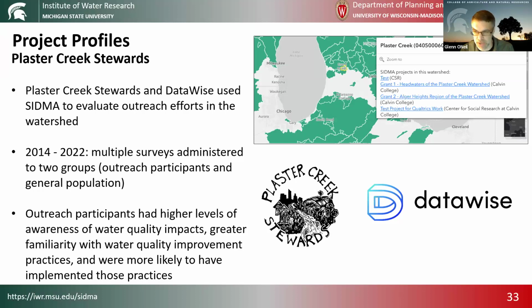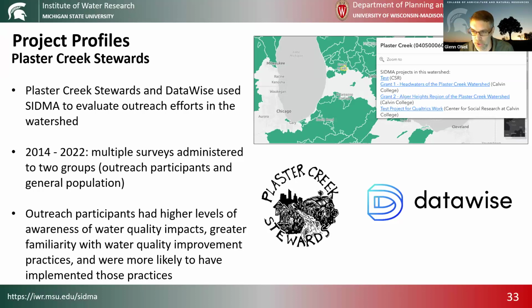And what they observed in comparing those 2 groups was that outreach participants did have higher levels of awareness of water quality impacts and greater familiarity with water quality improvement practices, and were more likely to have implemented those practices. And so that was a way for Plaster Creek to evaluate the success of its outreach activities in that watershed.